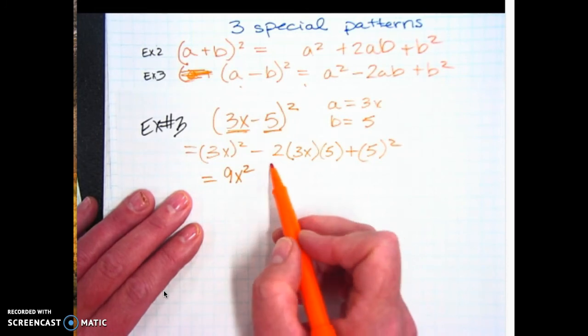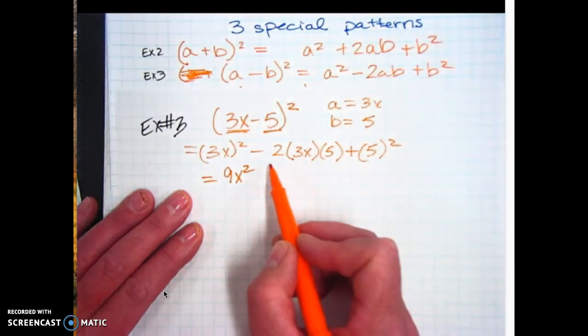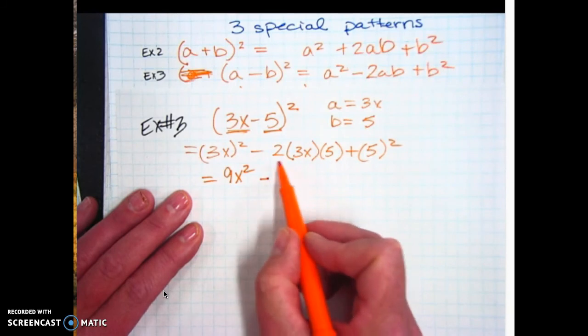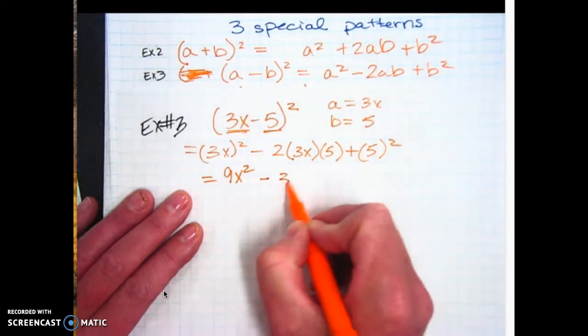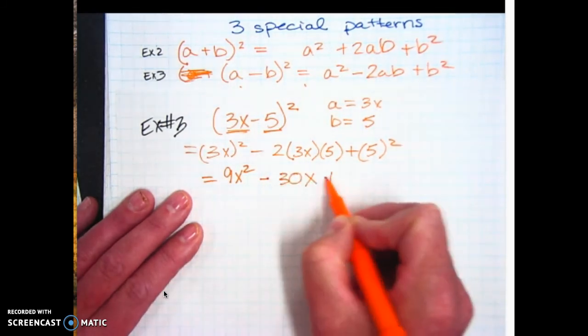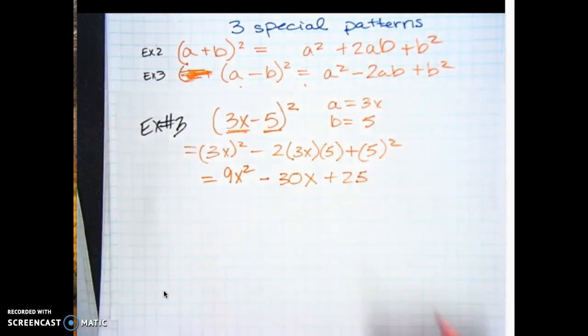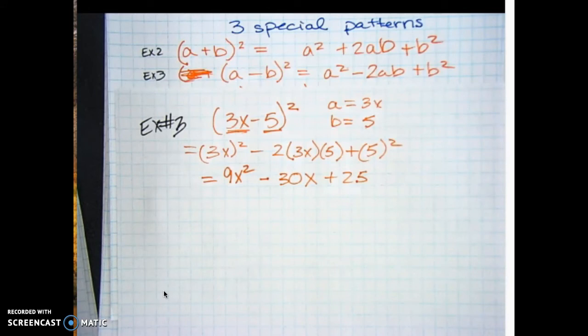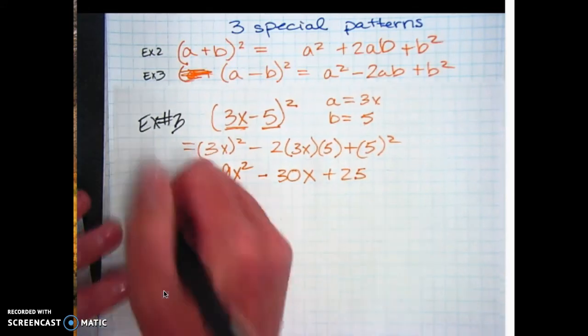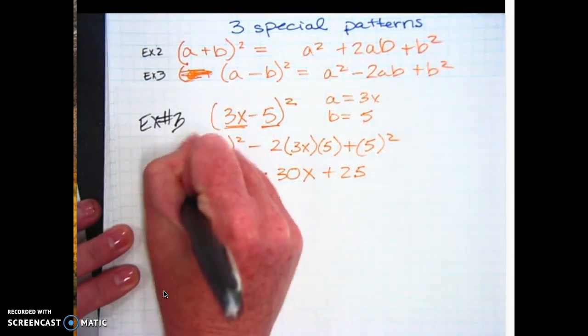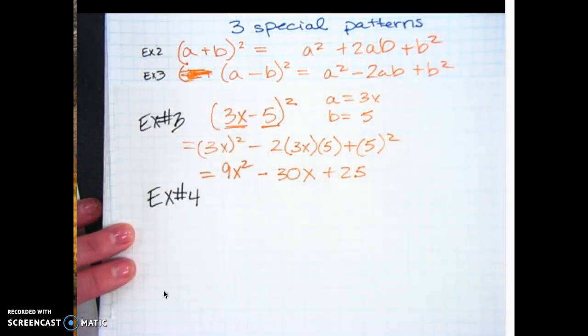Then we've got negative 2 times 3x times 5, so that's what? Minus 30x, and then 5 squared is 25. So using the pattern on that one helps a little bit. I almost prefer to FOIL on that, but this fourth example, I think actually saves a lot of time.